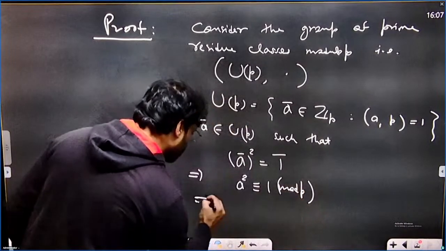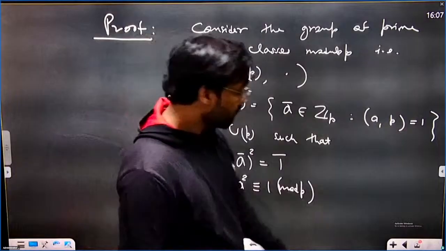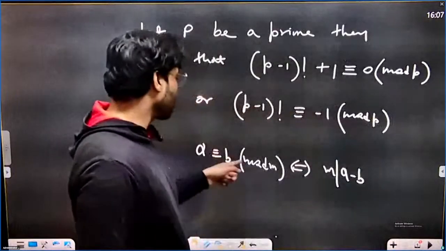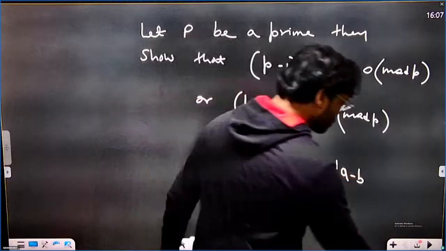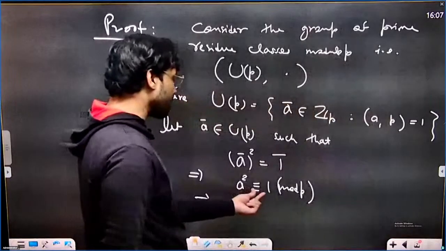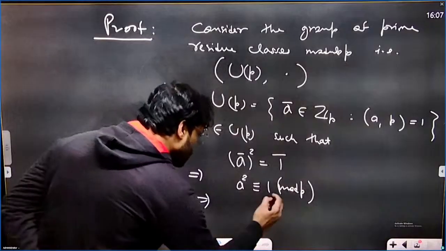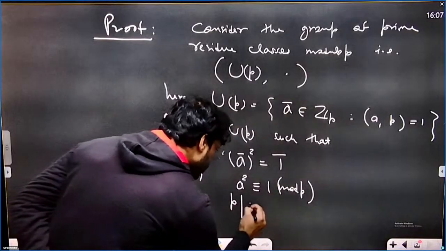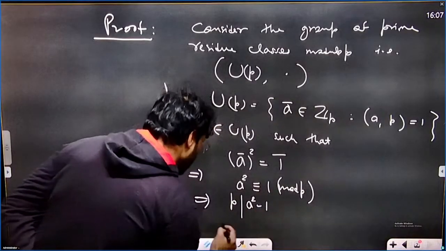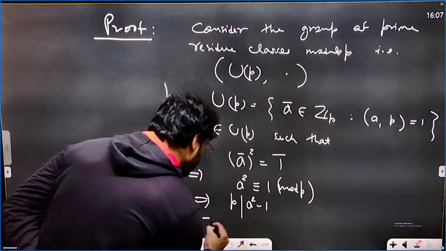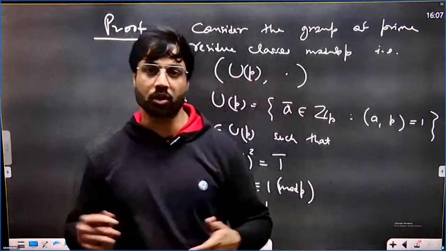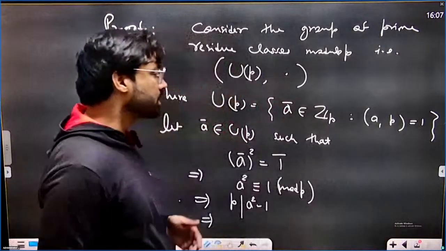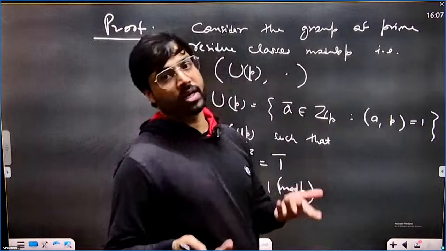Now a congruent to b modulo p means m divides a minus b. So here we are getting a square congruent to 1 modulo p, that implies p divides a square minus 1. Since p is a prime, whenever p divides a1 times a2 and so on up to an, then p divides either a1 or a2 and so on.